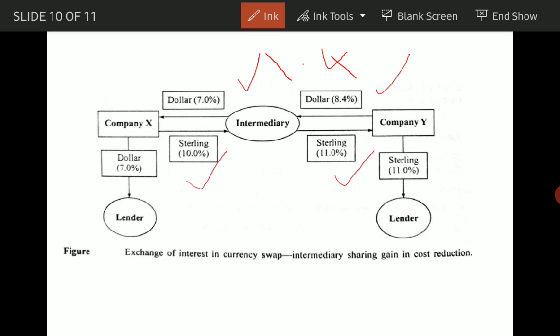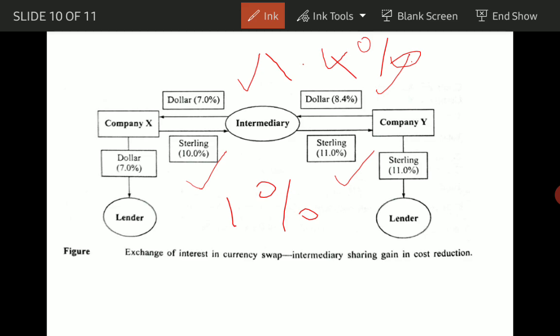On the other side, when company X is paying interest in sterling to the intermediary, it is paying only 10%, and the intermediary pays 11% to company Y. So the excess interest paid by the intermediary is 1%. So the intermediary has received excess interest of 1.4 percentage points and is paying excess interest of 1% in this swap deal.